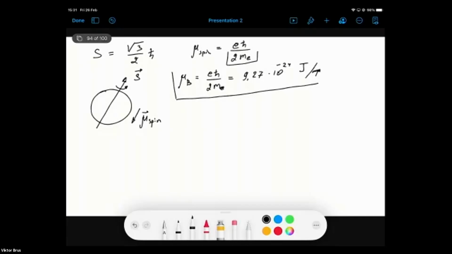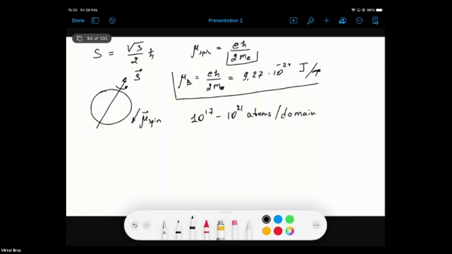These domains are kind of clusters of atoms, with 10 to the 17 up to 10 to the 21 atoms per domain. And these are under normal conditions without external magnetic field.